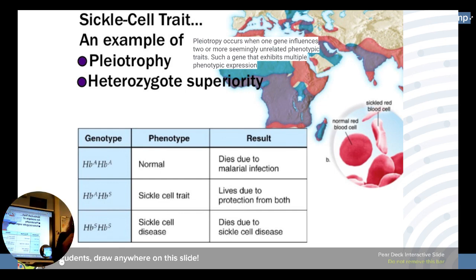So that's why in areas where malaria is prevalent, not in North America, because we don't have a lot of malaria here, you're going to see a higher allele frequency of that sickle cell gene because that makes you more fit. And it's going to be selected for. In areas like North America, it's going to be selected against.